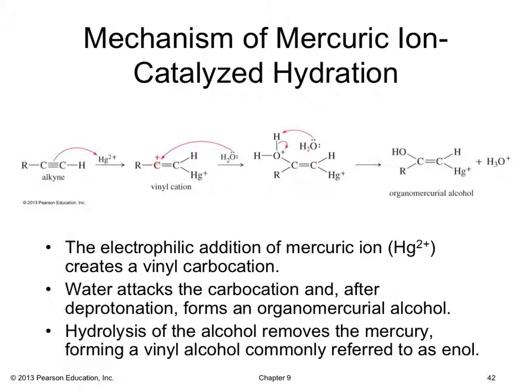Then the water will attack that carbocation to generate the water adduct. Water will then pluck off the hydrogen, neutralizing it to generate the organomercurial alcohol. After hydrolysis of the alcohol, that will remove this mercury, forming the vinyl alcohol, commonly known as the enol.